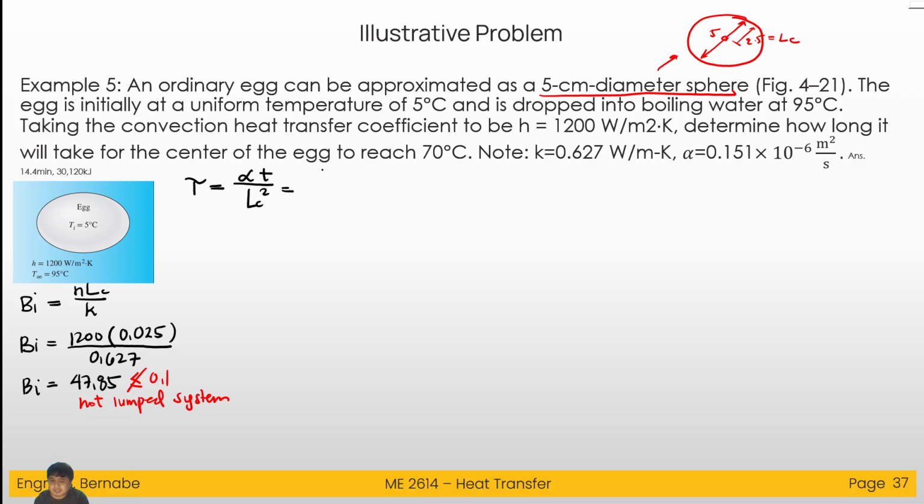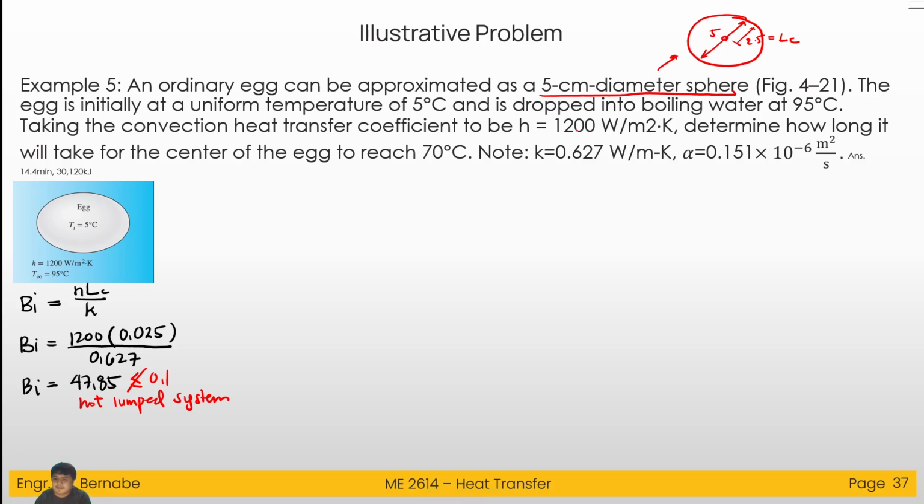We have the thermal diffusivity in meters squared per second, but we don't have a time, so we cannot find the tau. So we assume that this can be solved and that tau is greater than 0.2. We will check the tau later.